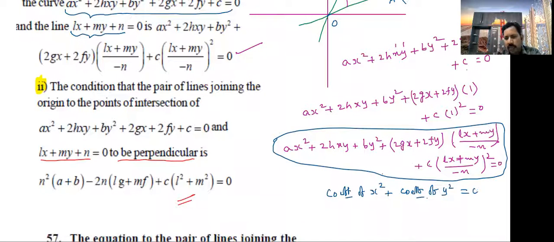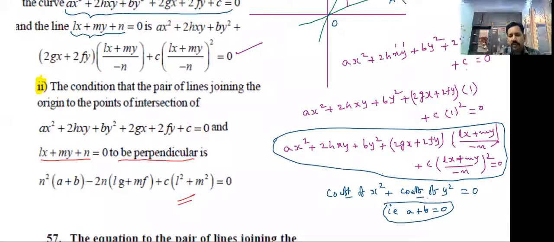Equal to 0 means the angle between the pair of lines is 90 degrees. Not equal to 0 means use the formula cos theta equals mod a plus b by under root of a minus b whole square plus 4h square. Then you will get the angle between the lines.